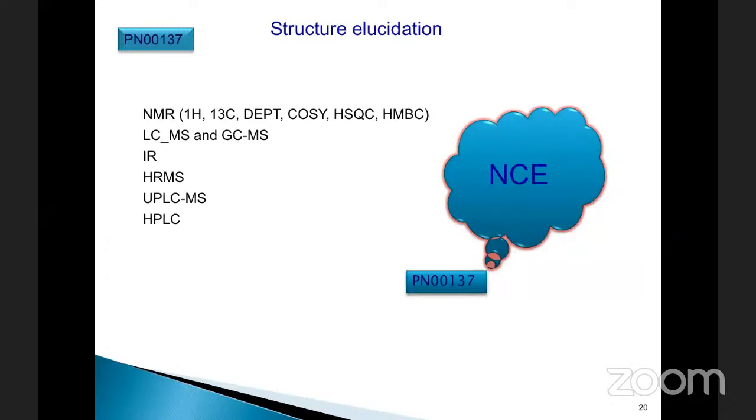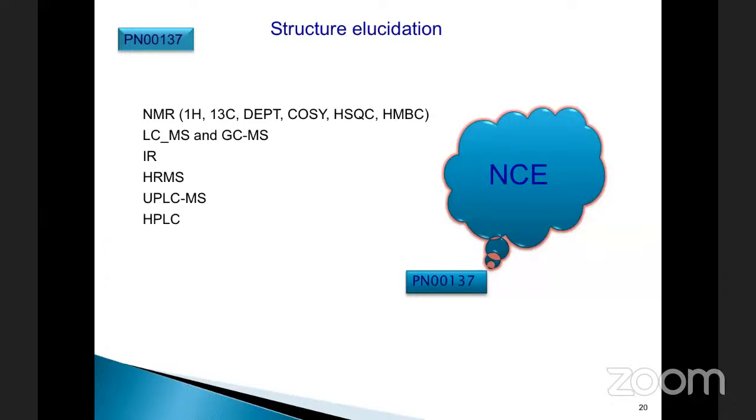So this is why I'm showing this example, because we end up getting a novel structure by applying the dereplication strategy. And that's the message I wanted to give you, that there are still a lot of unknown molecules in nature, but we need to explore them, we need to focus on them, we need to change the strategy to find these molecules from nature.